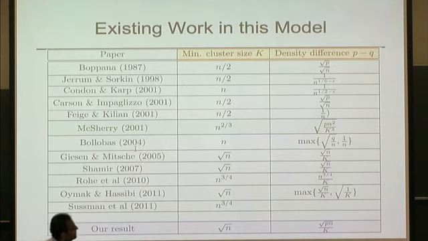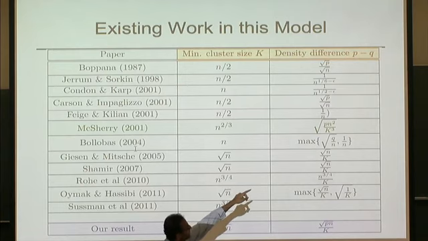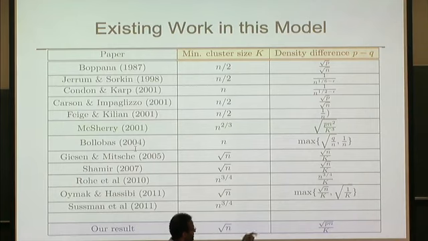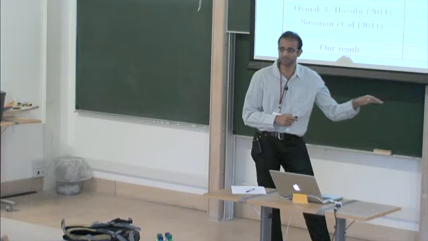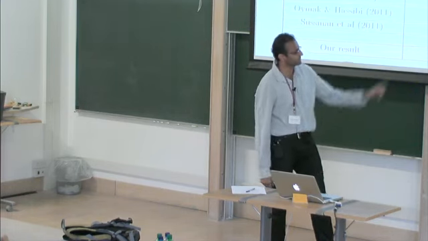In the second column, the state of the art was that p minus q should be square root p times n squared divided by k cube, and we improved that to square root p times n divided by k, and k is the minimum cluster size, so it's on the order of square root n or bigger. So this is better than that.